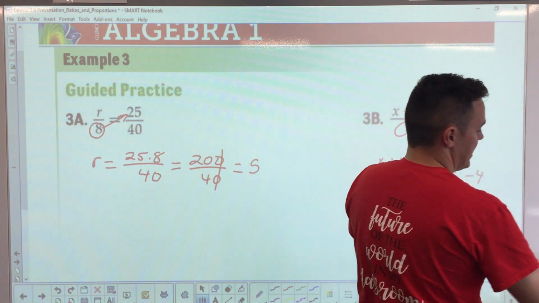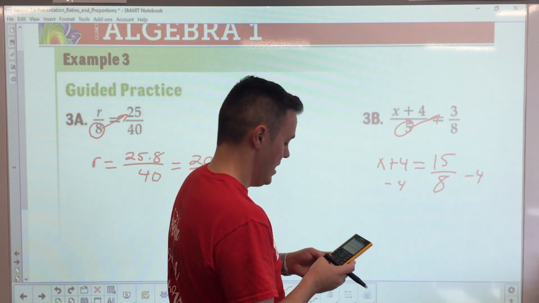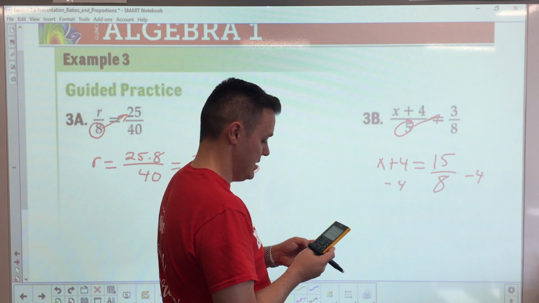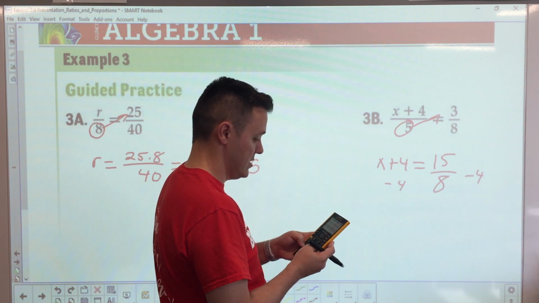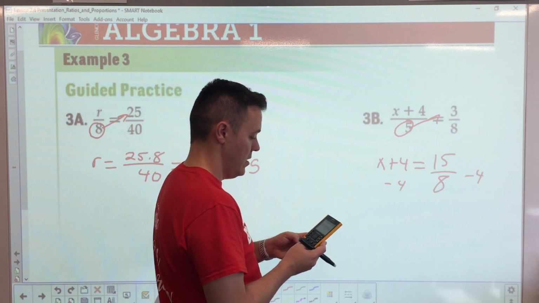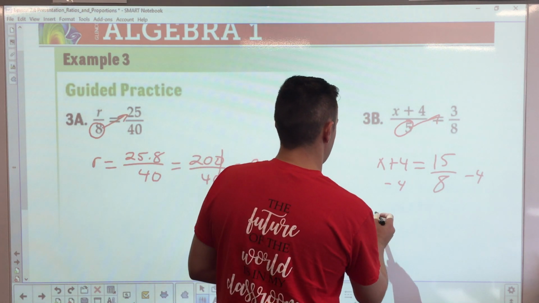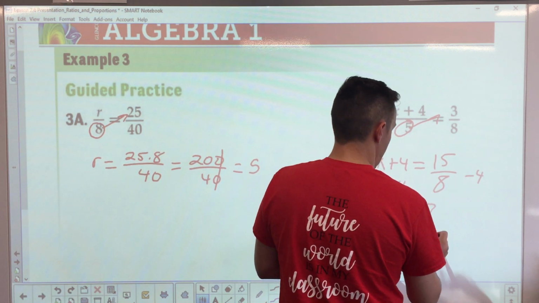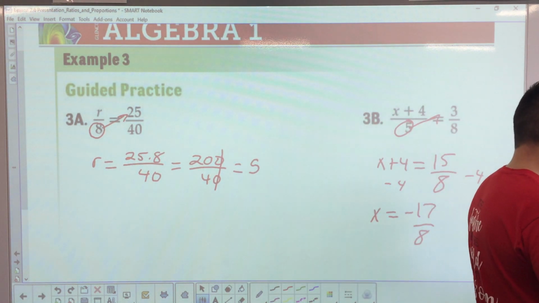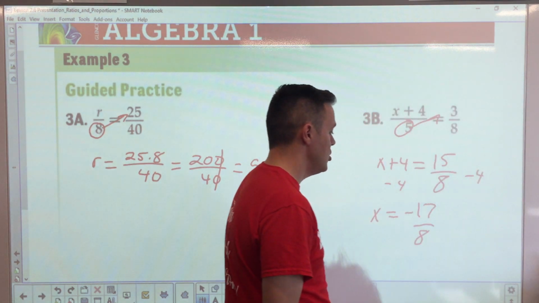Okay. And then I'm going to use my calculator. I have 15 divided by 8. All right, and then we're going to subtract 4. You subtract 4 from it, ladies and gentlemen, you get x equals negative 17 over 8. Okay? If you guys struggle with that, let me know.